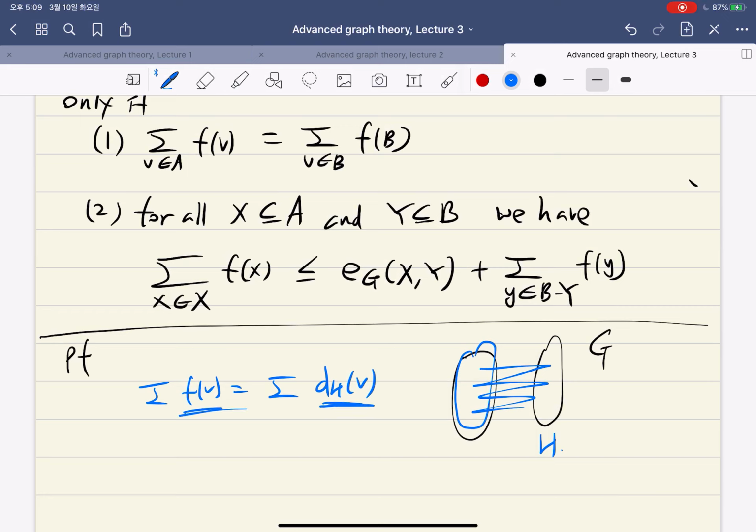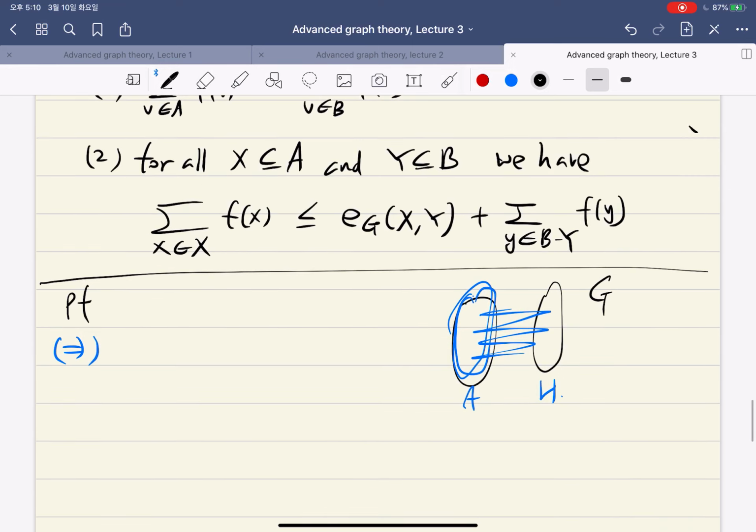The degree sum of H on the vertices in A counts the number of edges. So this is the number of edges in H, and the degree sum on B also counts it. Every edge is counted once in the degree sum. So one must be satisfied. So now we are proving this necessity condition.